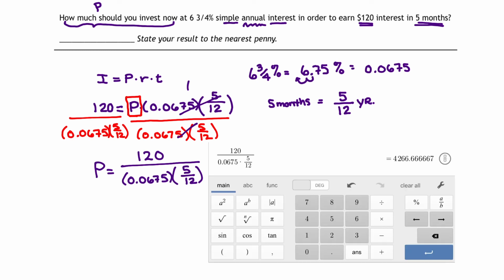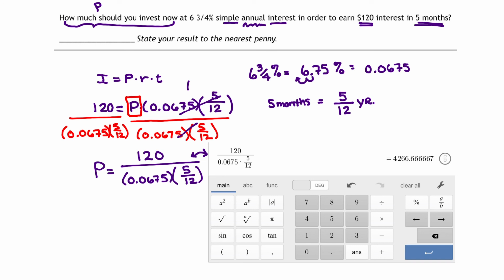The beauty of the online Desmos calculator is, A, it's free, but B, all I have to do is type in the formula just like it appears in my scratch work. So in Desmos, I would start by typing 120 divided by, and then in the bottom it would be 0.0675 times 5 divided by 12, just like it appears.